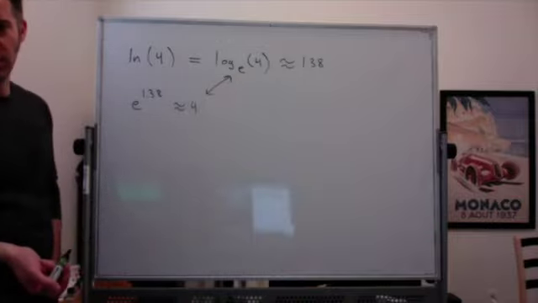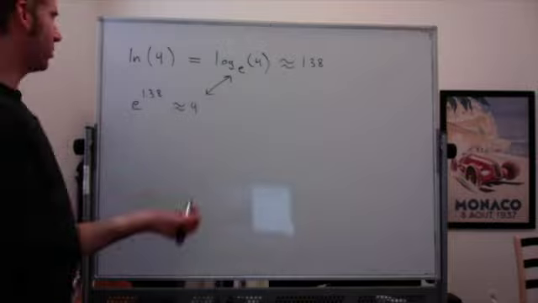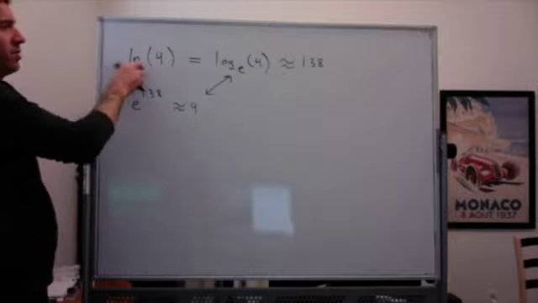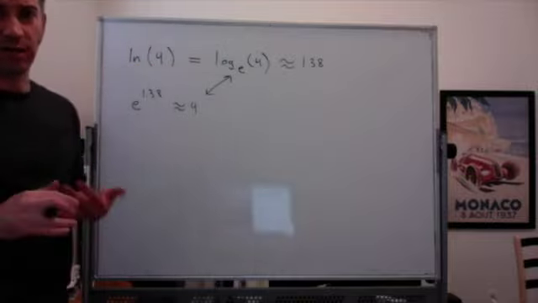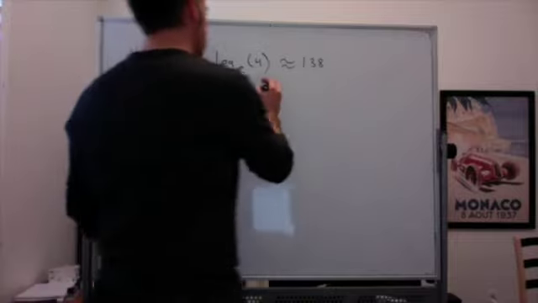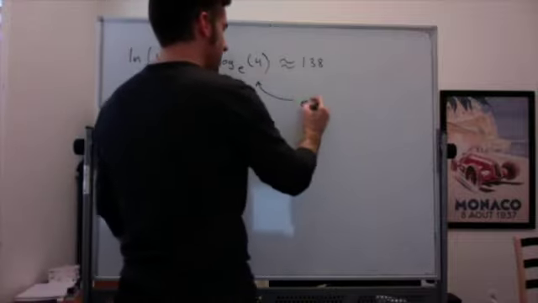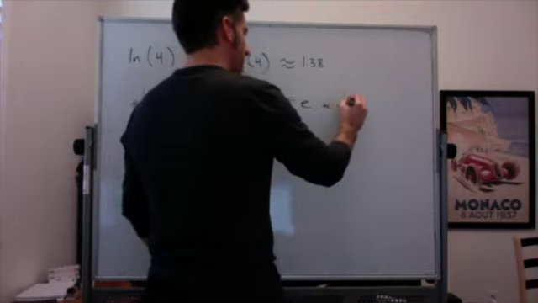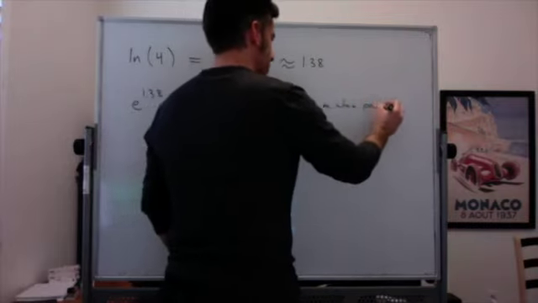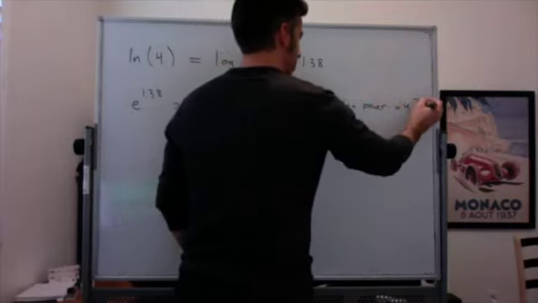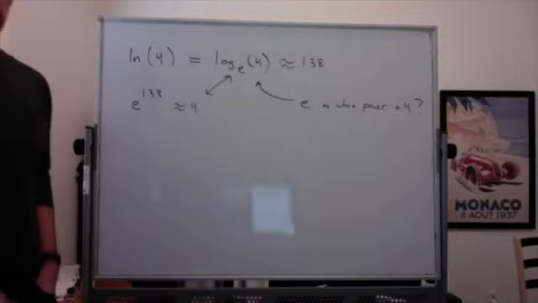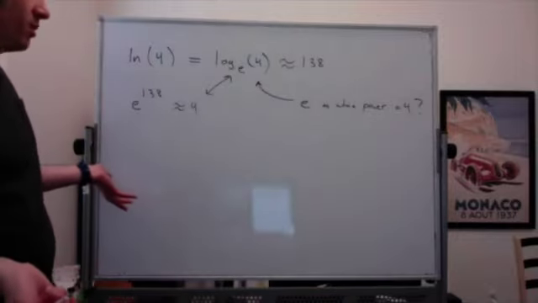But the decimal approximation is not what's important here. What's important is that when you see natural log of 4, you're like, oh, that just means the log base e of 4. And then I'm thinking, e to what power equals 4? And in this particular example, it's approximately 1.38.